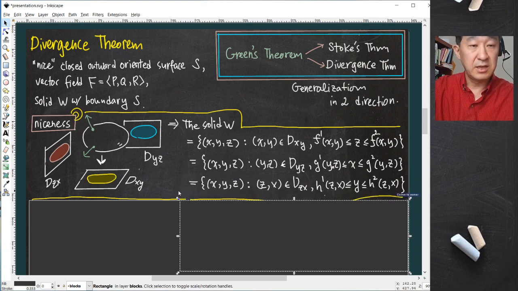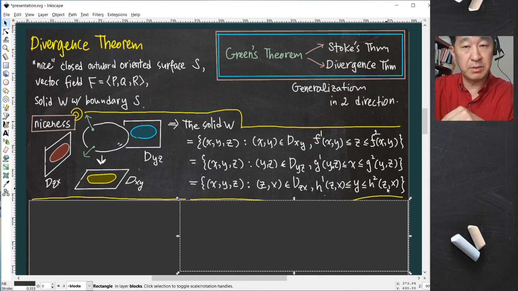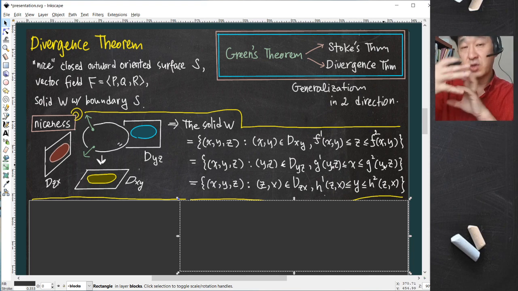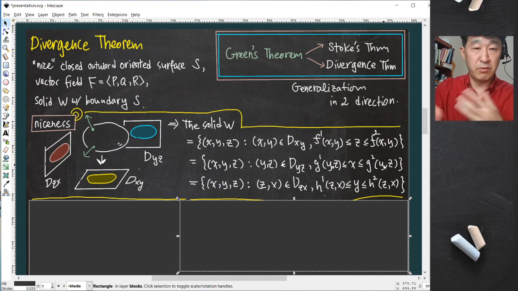And lastly, if you look at the ZX plane, you again need the same nice region so that you can apply Green's theorem. And everything in between with this y coordinate lower bound and upper bound should all be in there. So if that's possible, then we can do this analysis.